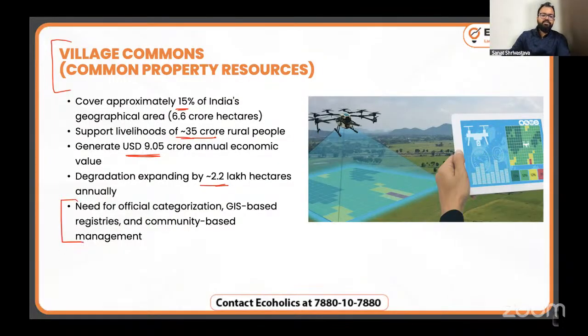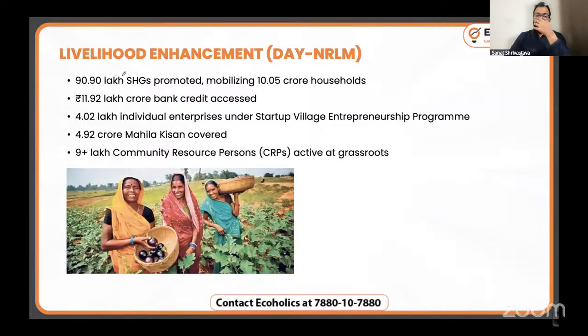So GIS based registries, community based management, etc. Okay, so common property resources are important because whenever we hear the word common, we think that we don't have any responsibility.